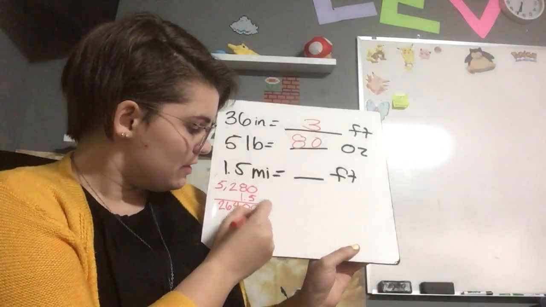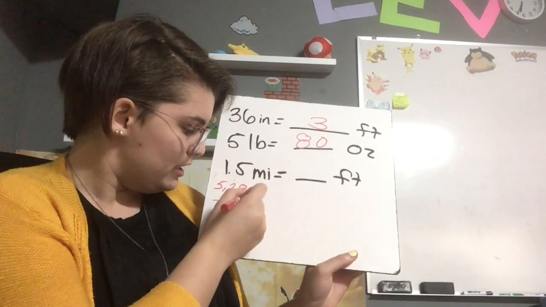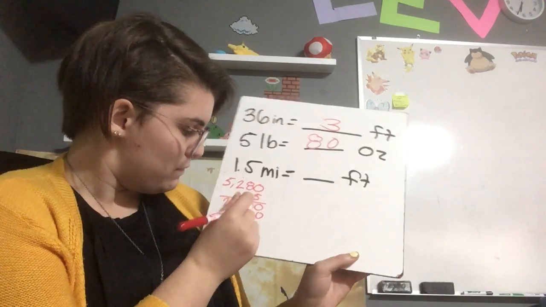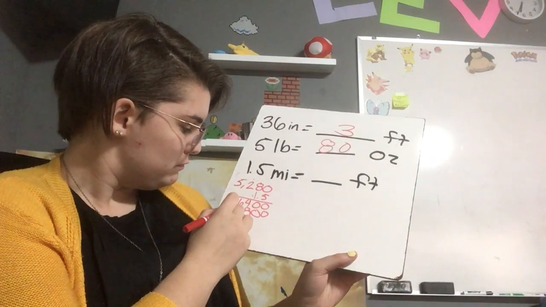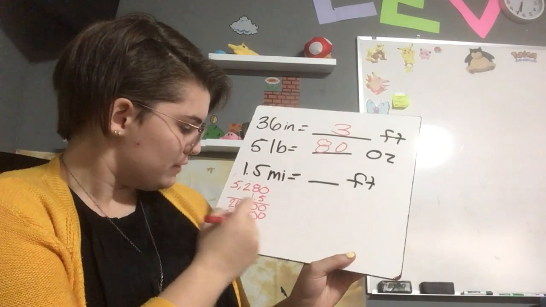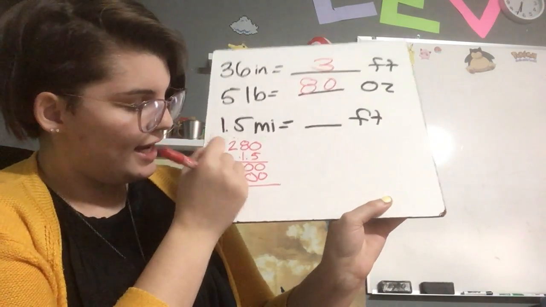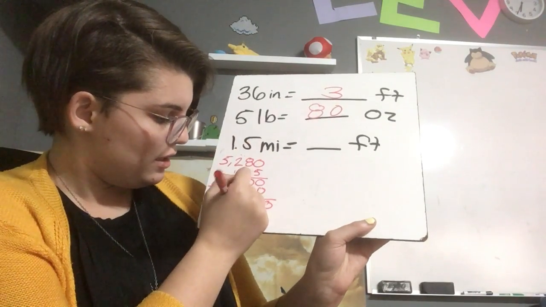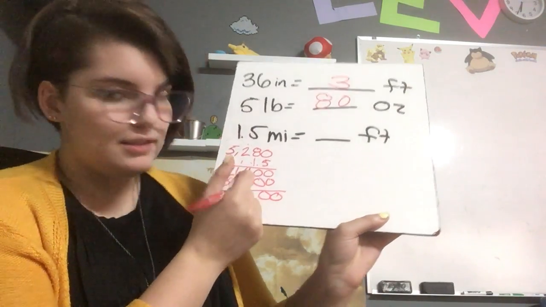Then you've got 0, 8, 2, 5. Yeah, that's right. And now you add it. So you got 0, 0, 12, 8, 9, 7.